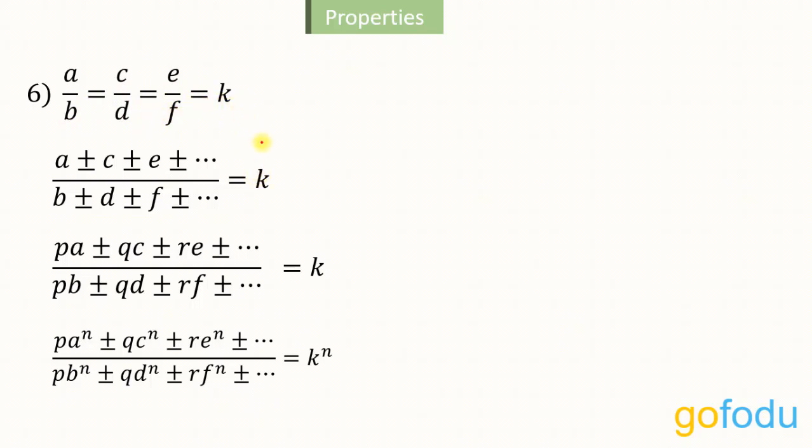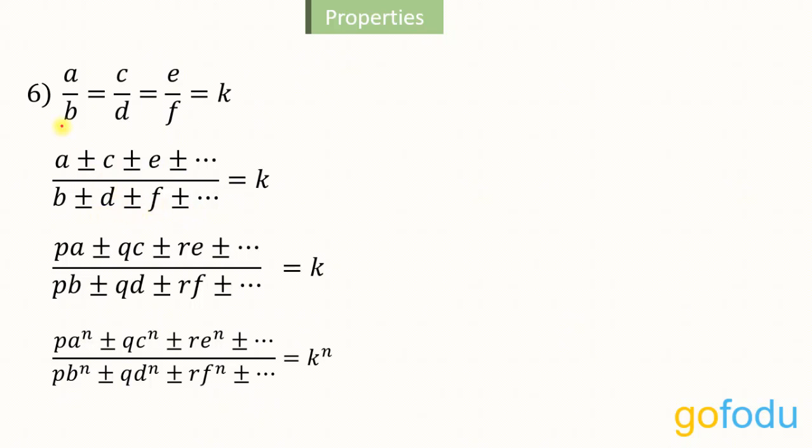It was K here, it will be K only here as well. Also, it need not be a plus sign everywhere. You can have plus and minus signs randomly between these A, C and E. There is just one condition, that the sequence of plus and minus signs should be the same in numerator as well as denominator.